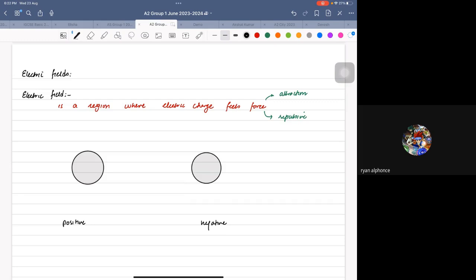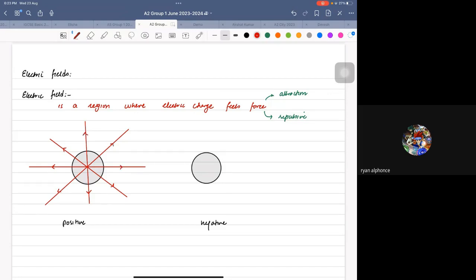However, the difference is when it comes to the positive charge, the field basically goes through a single point like that, and in the positive charge the field is going out of it like that. So all arrows out.